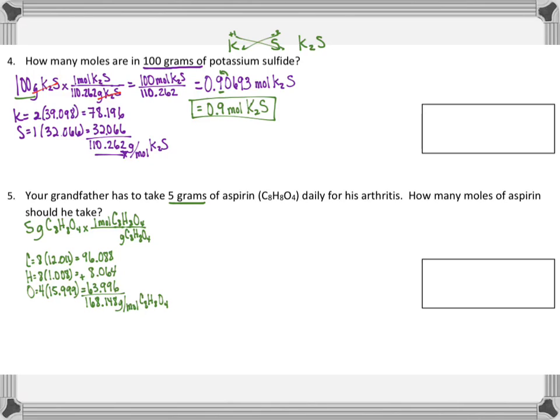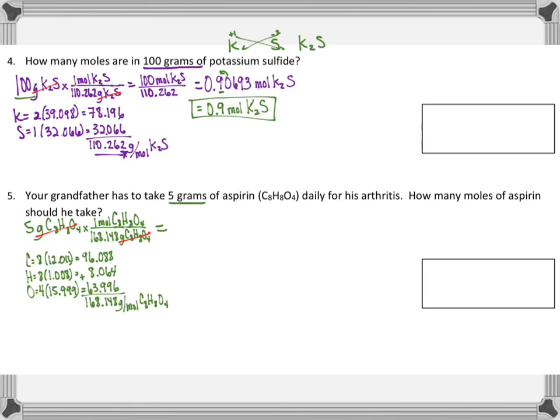Okay, so now I have to make sure I plug in that grams over in my formula, 168.148, and I can do my math. So again, my grams cancel out. I'm happy with moles, so I can put my equal sign.